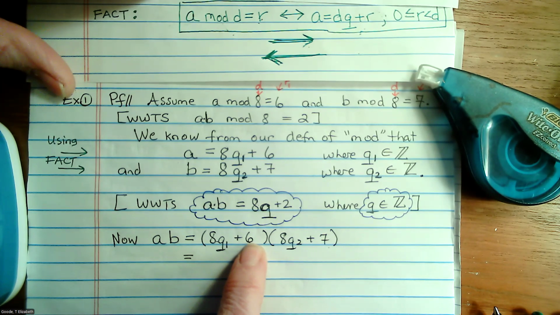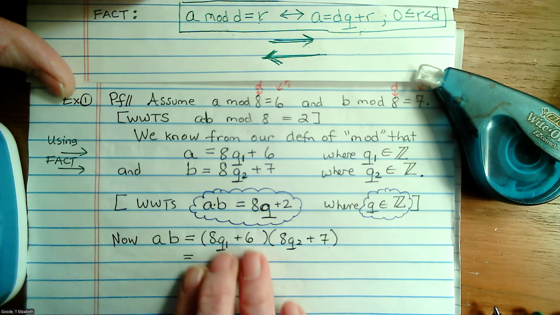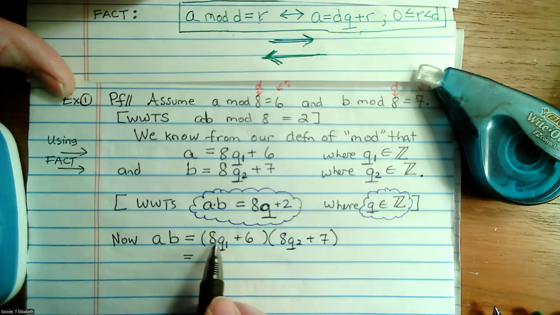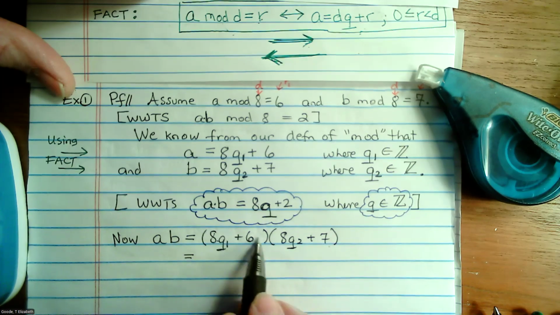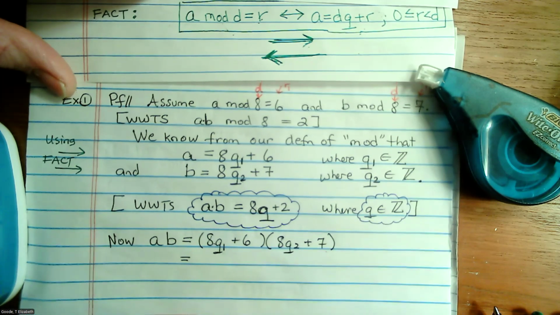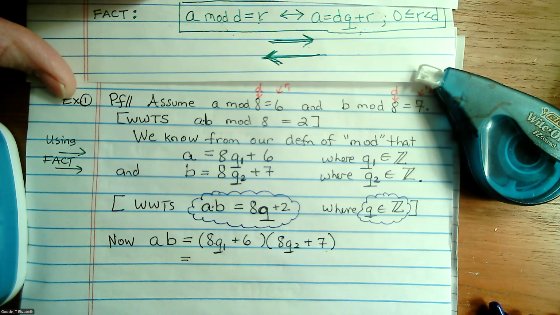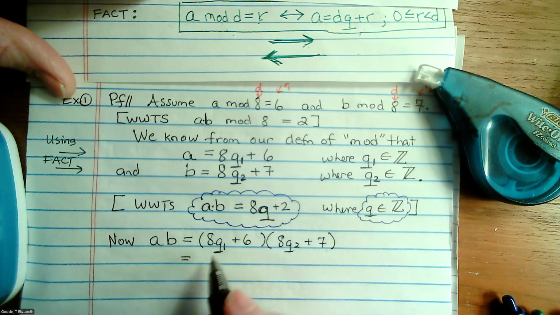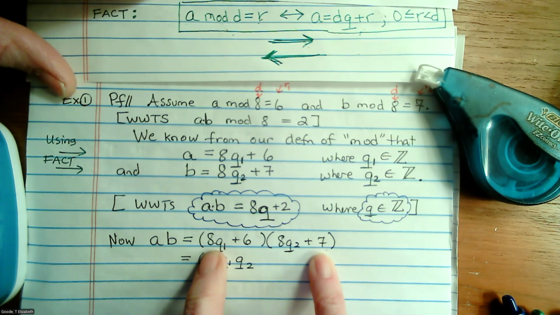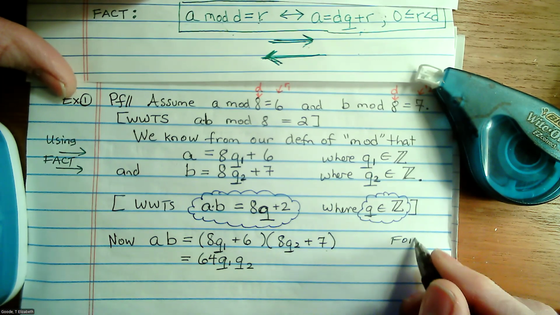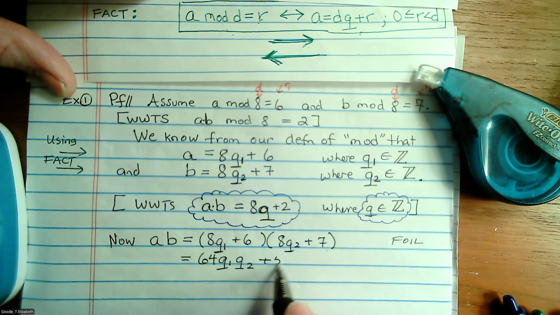We're going to multiply this whole binomial times this. Do you remember how to FOIL? Yes. We multiply the firsts together: 8Q1 times 8Q2 is 64 Q1 Q2. Then the outers would be 56 Q1.